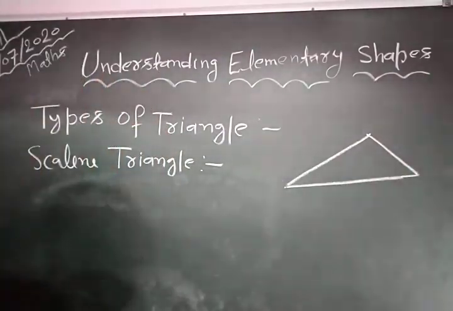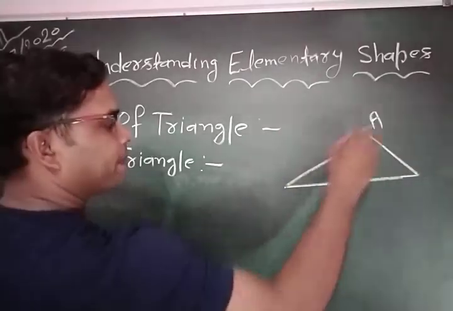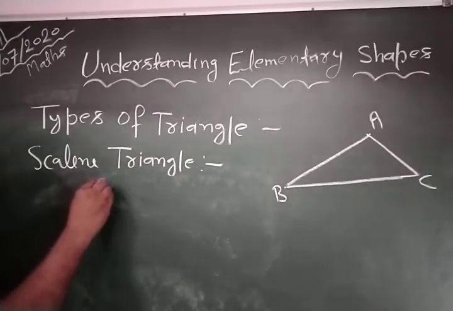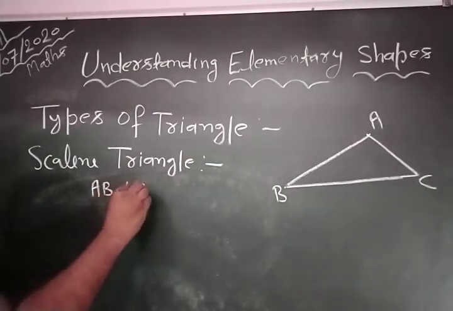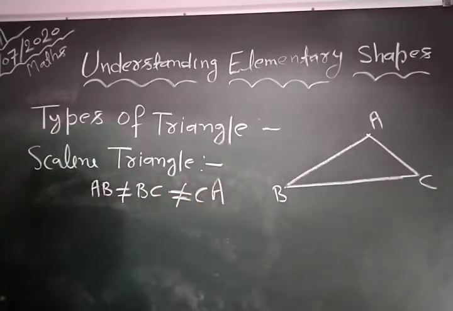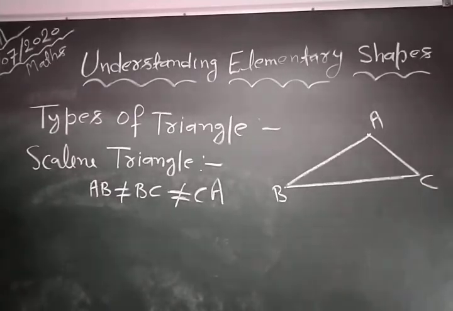This is the scalene triangle. Sides AB, BC, CA: no side is equal. You can write here AB does not equal BC, and BC does not equal CA. So a triangle which has no sides equal is called a scalene triangle. If all sides of a triangle are unequal, it is called a scalene triangle.